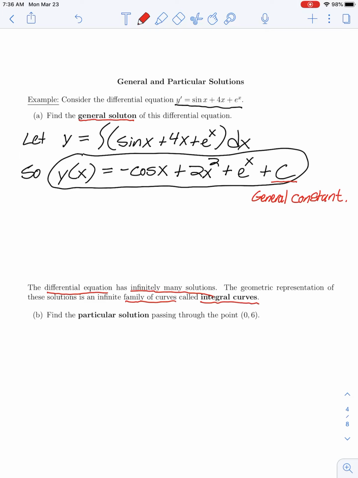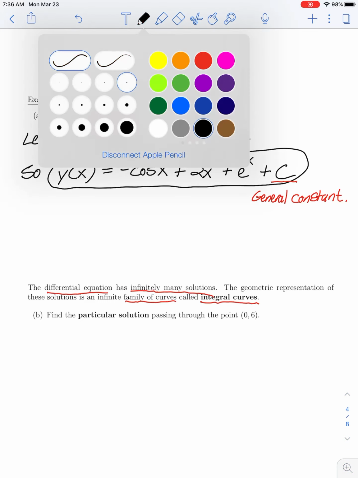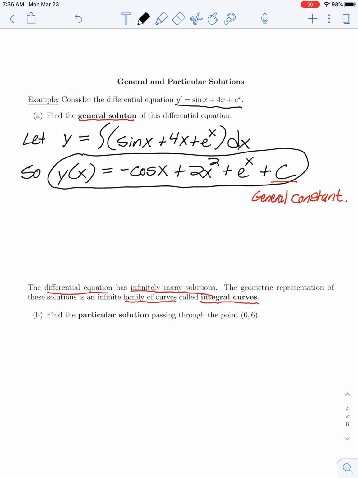So let's think about graphing the general solution that we just found for different values of the constant c. Here our general solution was pretty messy, but let's start by looking at a specific x value.